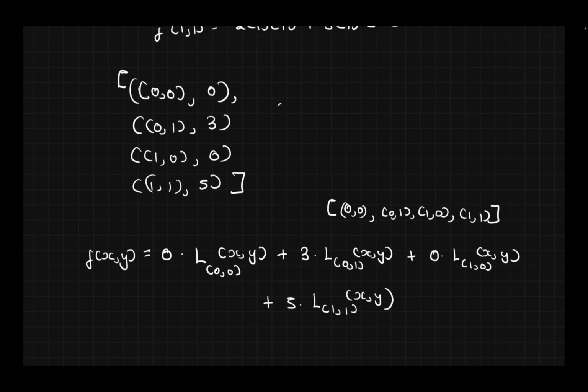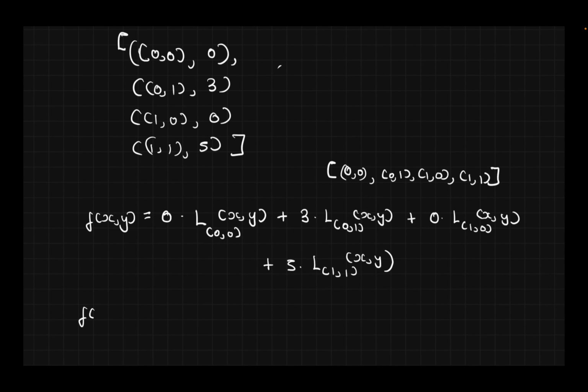Because if you pass in 0, 1, the first will turn to 0, the third one will turn to 0, and the last one will also turn to 0, meaning only the second one remains, that's 3 times 1. So the output is going to be 3, which is what we wanted. I don't know if you guys get what I mean.